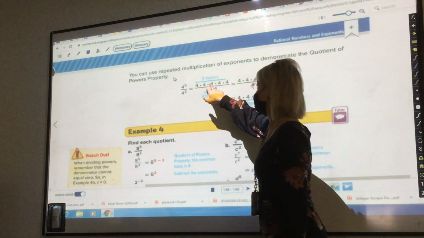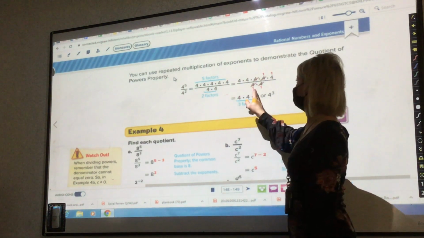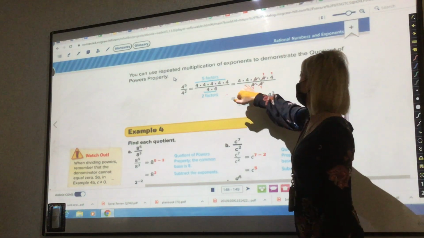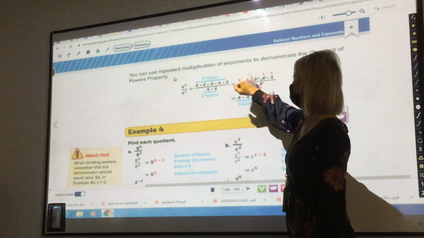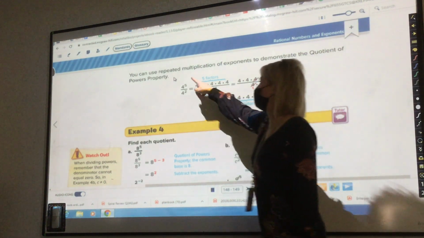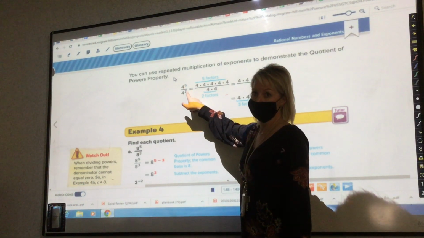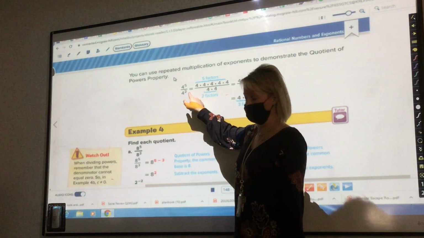That would be 4 times 4 times 4 times 4 times 4 over 4 times 4, and you're crossing them off. So it'd really be how many 4s are left? 1, 2, 3. So it'd be 4 to the 3rd. So all I do is I take 5 minus 2 is 3. So it'd be 4 to the 3rd power.